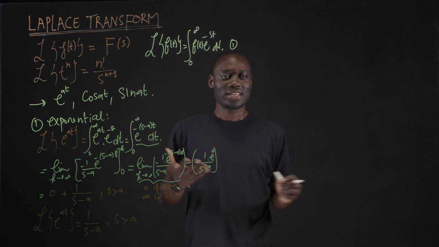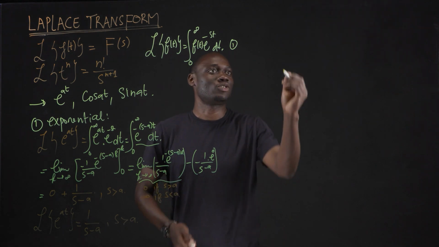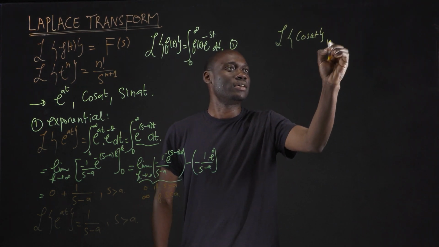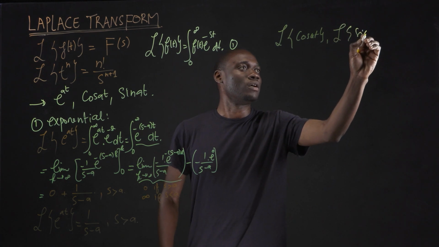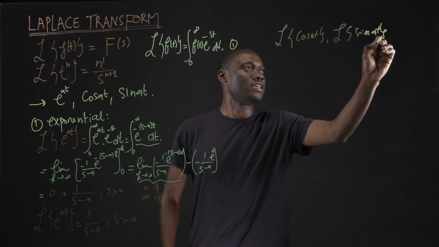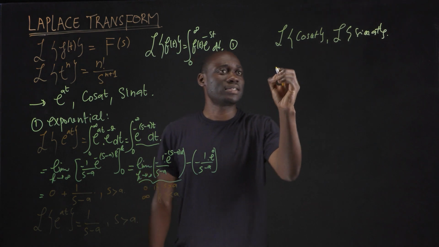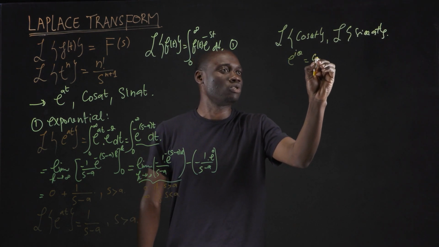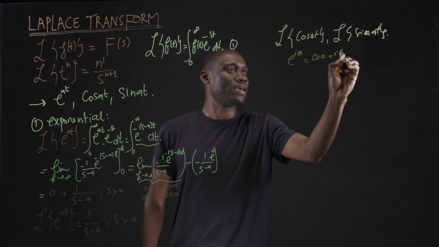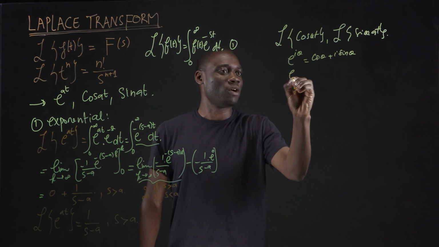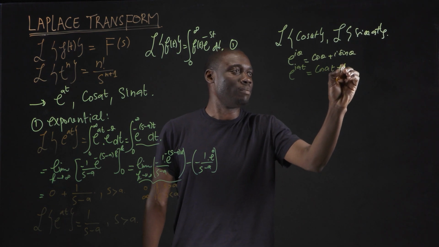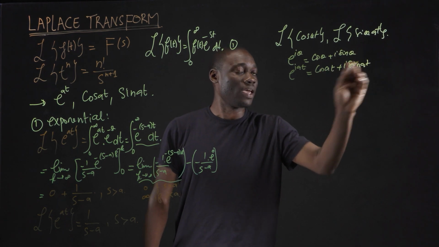Cool. Let's now have a look at the Laplace transform of cos at and the Laplace transform of sine at. Now, remember that exponential i theta equals cos theta plus i sine theta. Therefore, exponential i at will be cos at plus i sine at.